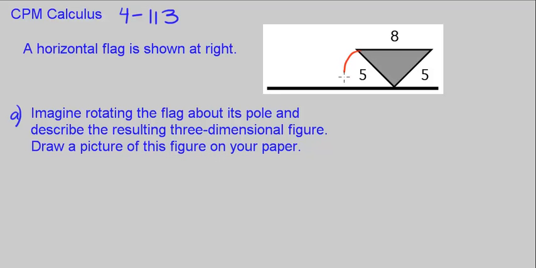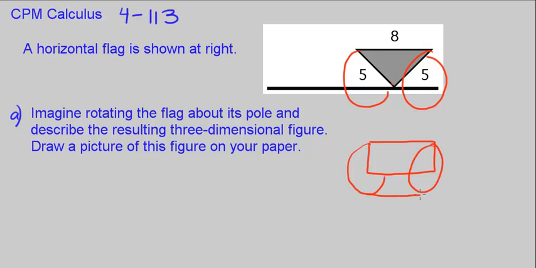Okay, so if we rotate this flag, it's going to go all the way around and it's going to become a three-dimensional piece, right? If the flag was just a rectangle and we rotate it around, it's going to become a cylinder, right? A cylinder like this. But here we have these pieces cut out.